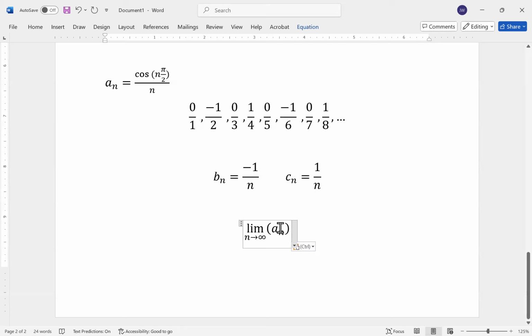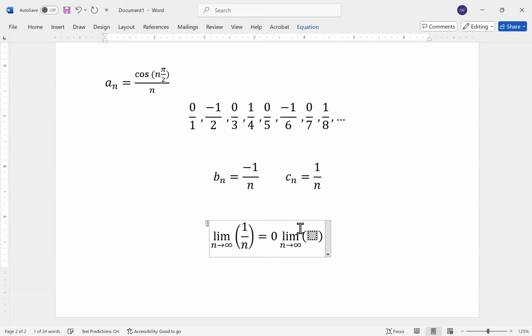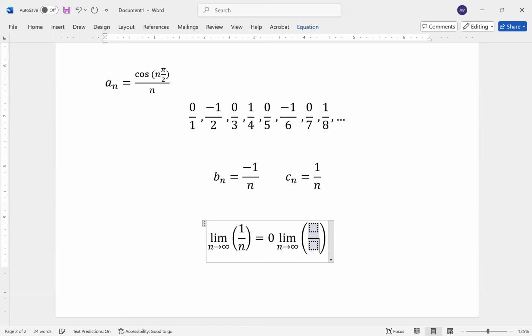If you do the limit of 1 over n, the limit of 1 over n is 0. That is also the case if we're dealing with the limit of -1 over n. That's also 0.